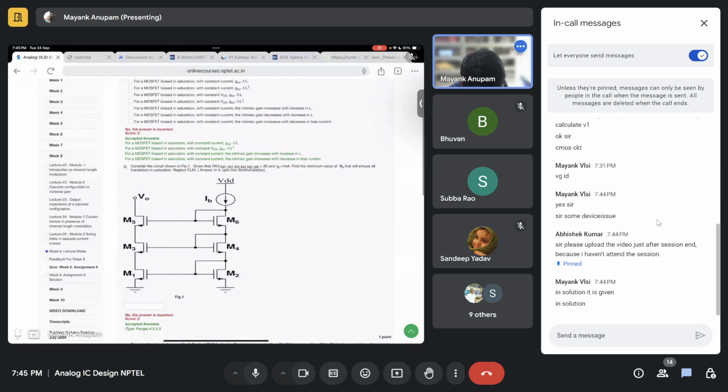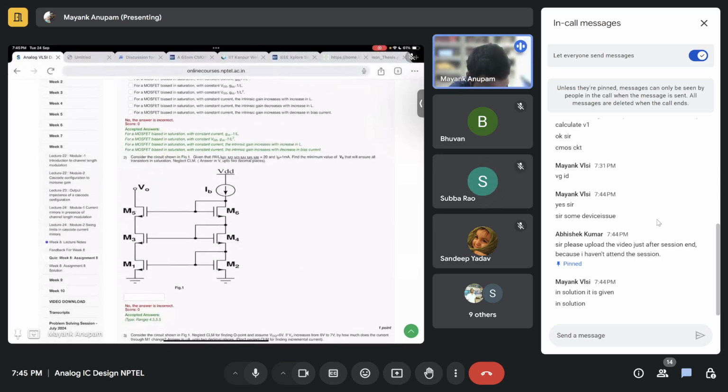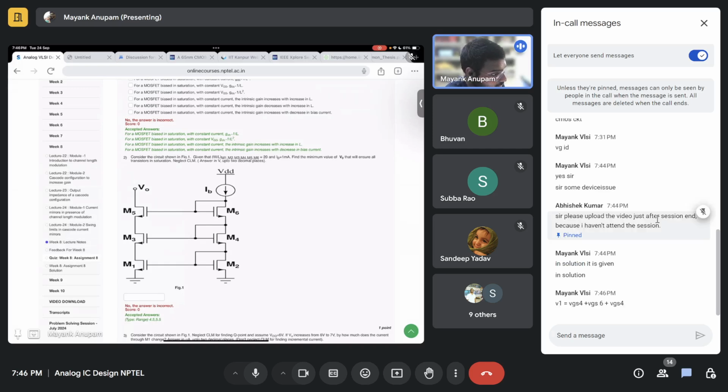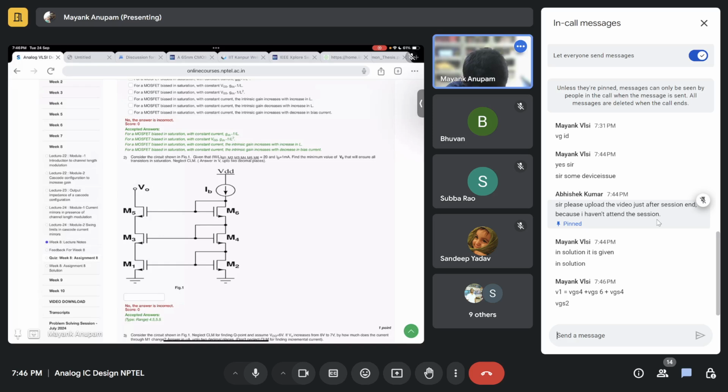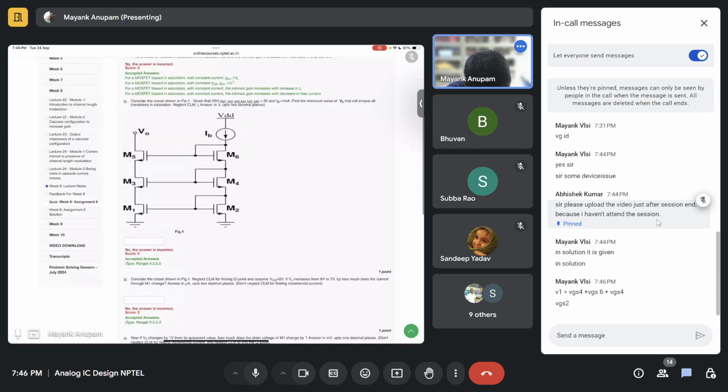I think Mayank, I discussed a question like this in the last assignment, last week. Please go through the lectures once. I'll try to look at the solution myself and see what you are asking here. I'm not able to understand it right now, and the time is also going away. V1 is VGS4 plus VGS6 plus VGS4, VGS2 plus VGS6 plus VGS4. What is the problem there?